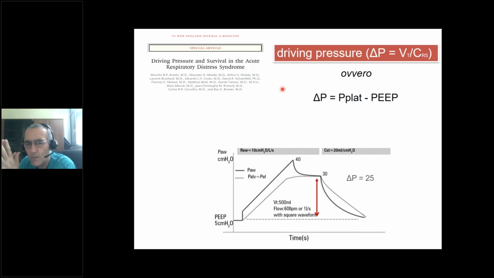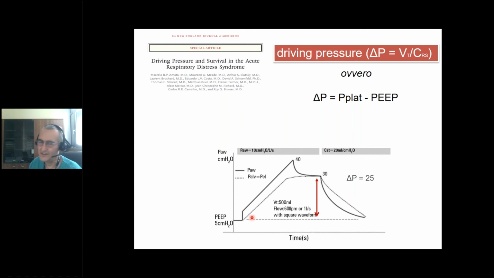Then, so far I talked about ml per kilogram, but I think thanks to Marcelo Amato, in the last few years, we changed our approach significantly and we switched more and more toward driving pressure, a very, very simple parameter. Plateau pressure minus PEEP.